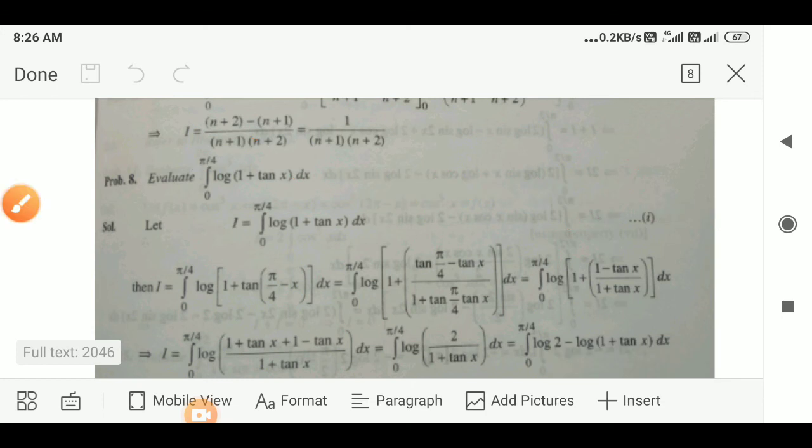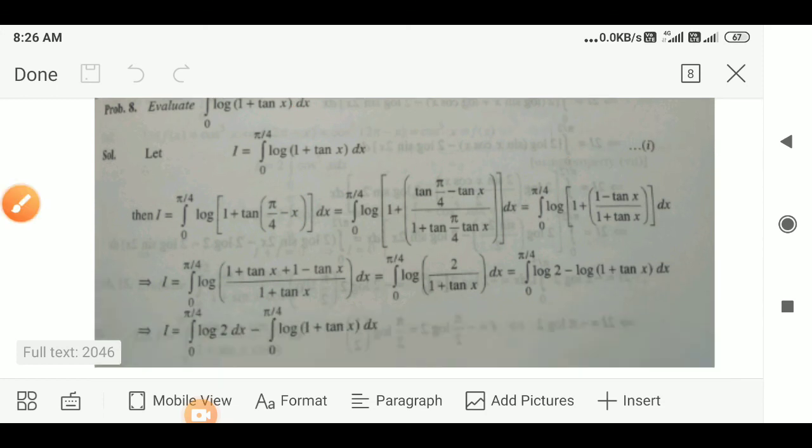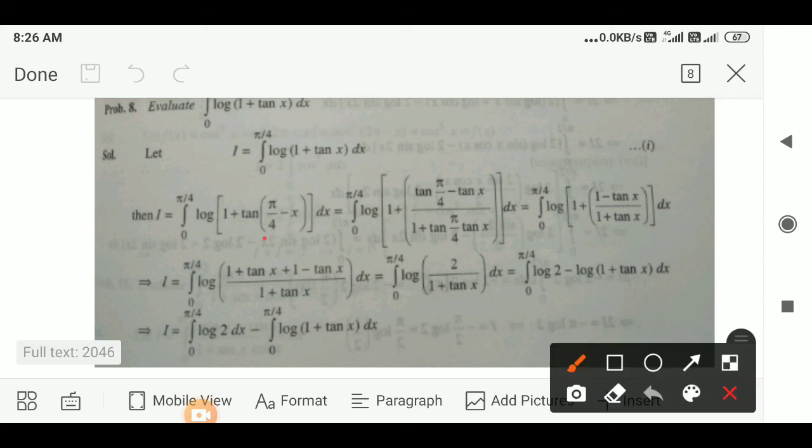So first we consider it as I, and then replace the value of x by pi by 4 minus x. Thus we get log 1 plus tan of pi by 4 minus x, and tan a minus b is tan a minus tan b upon 1 plus tan a tan b, so tan pi by 4 minus tan x upon 1 plus tan pi by 4 and tan x.